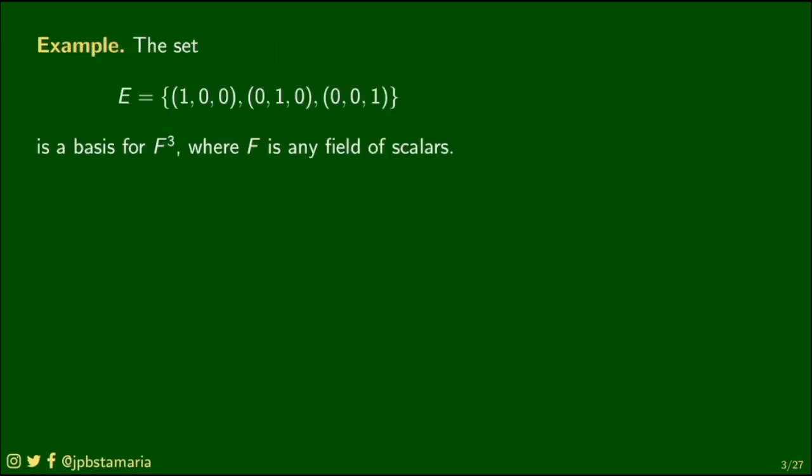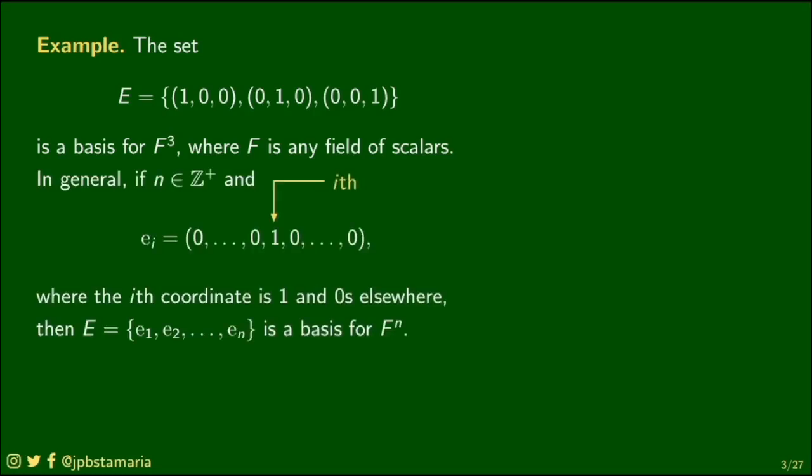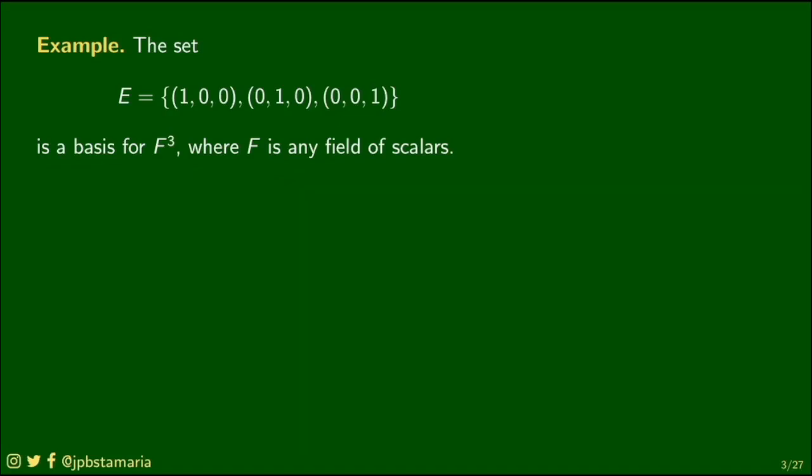As a quick example, we can consider the set E consisting of the vectors (1, 0, 0), (0, 1, 0), (0, 0, 1) from the vector space F^3, where F is any field of scalars. This set forms a basis because every vector from F^3 may be written as a linear combination of these three vectors.